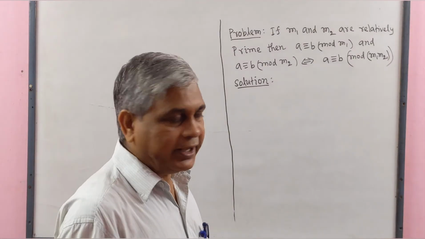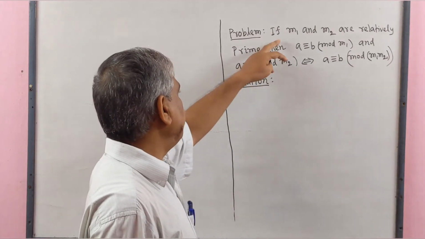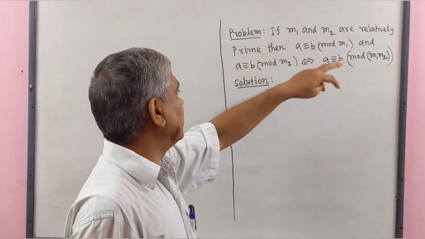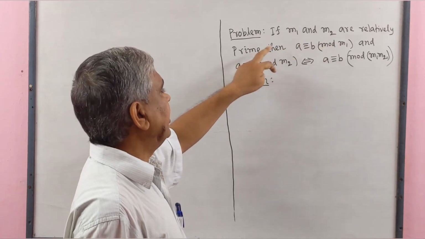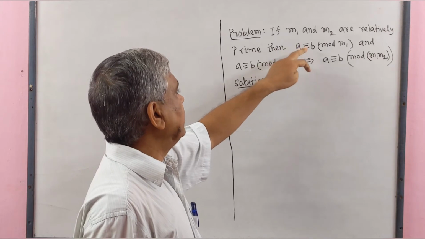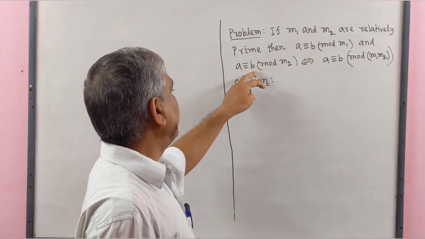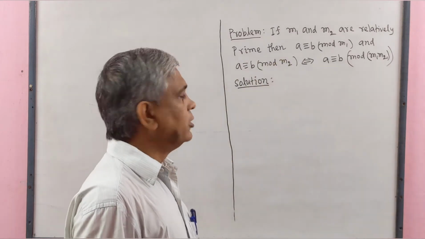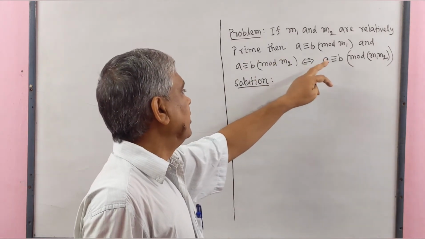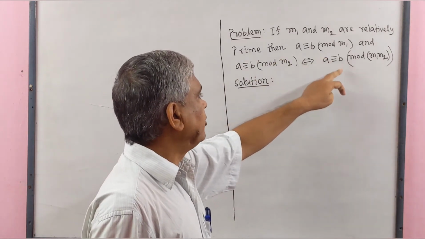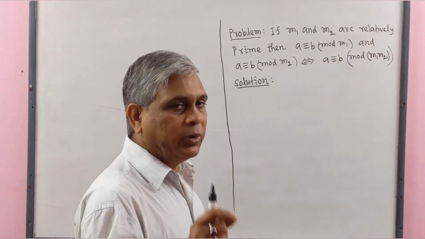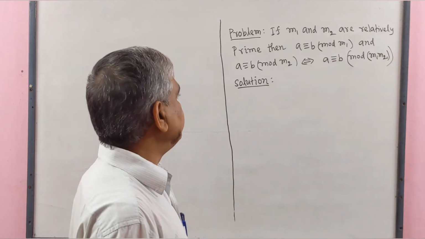Now we solve the next problem. Problem is if m1 and m2 are relatively prime, then a congruent b modulo m1 and a congruent b modulo m2, double implication, a congruent to b modulo m1 multiply m2.